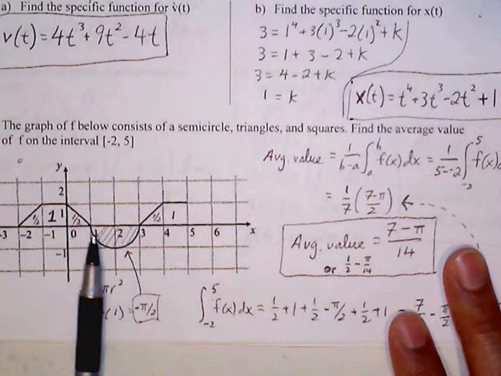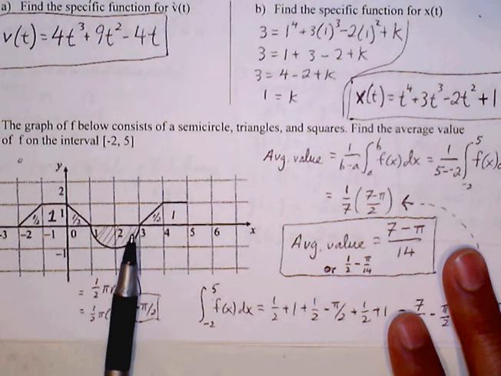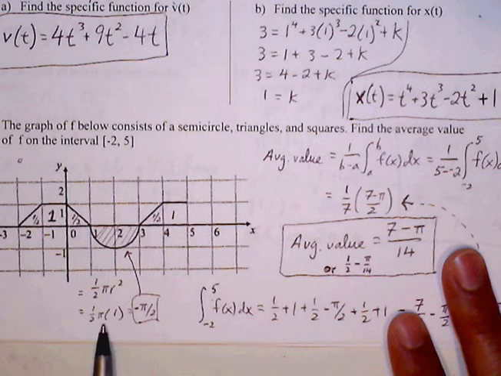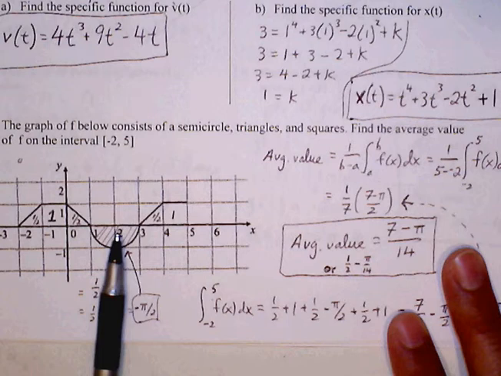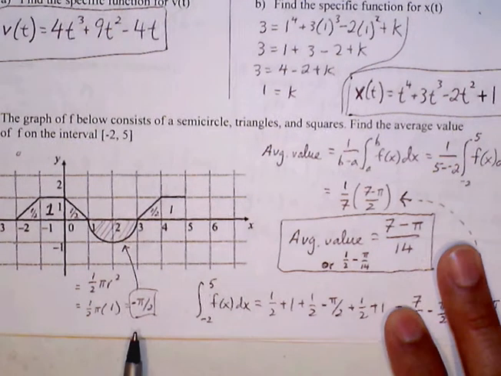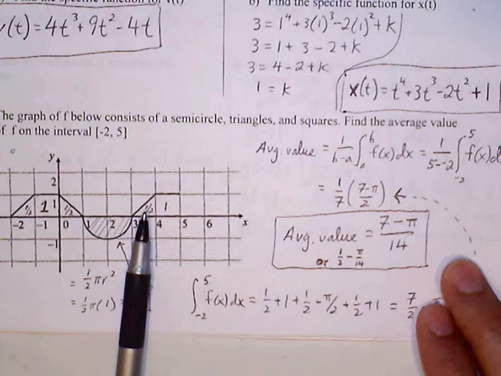So the formula for area of a semicircle is 1/2 pi r squared. The radius of the semicircle is 1. So 1/2 pi times 1 is pi over 2. But because this region sits below the x-axis, we have to say the definite integral value is -pi over 2. Again, triangle, 1/2 base times height was 1/2.